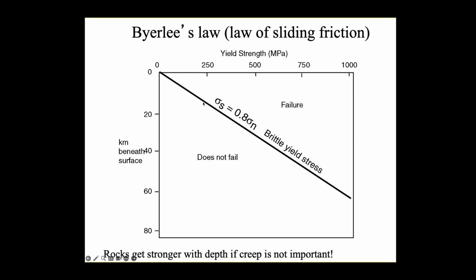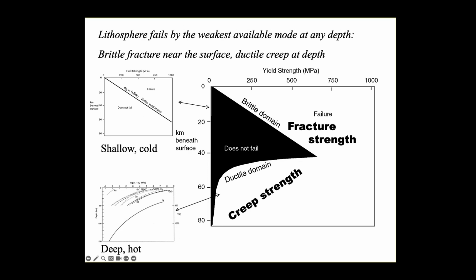There's no way that there could be plates that move, but it's not. So if we combine this curve, which shows depth versus rock strength under the ductile regime, with this one, which shows the rock strength as a function of confining pressure, we get this.